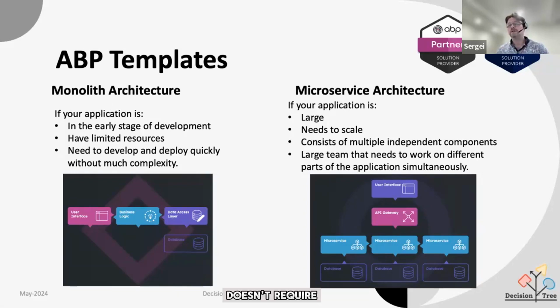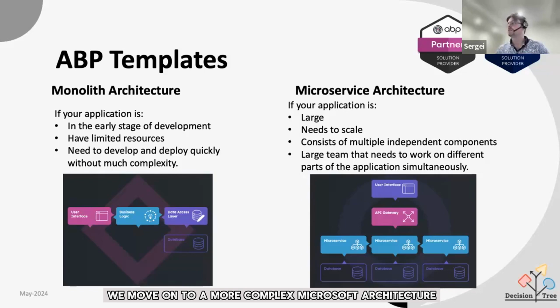It doesn't require a very technical architecture team and knowledge in networking and DevOps best practices. Most of our projects, we start with monolithic architecture, and if needed, we move on to a more complex microservice architecture.